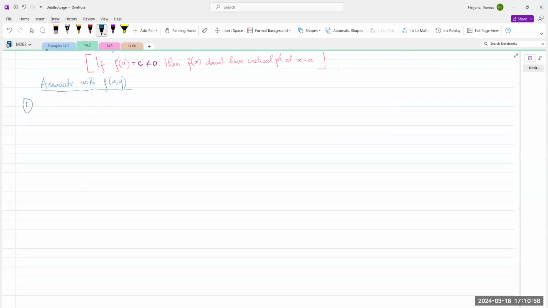So first note: f of (x,y) has a local max or local min at (a,b), notice that this is in the domain of the function, if f(x,y) is less than or equal to f(a,b) for (x,y) near (a,b).